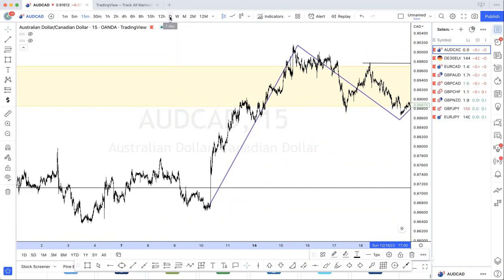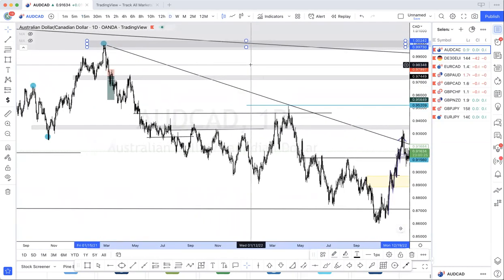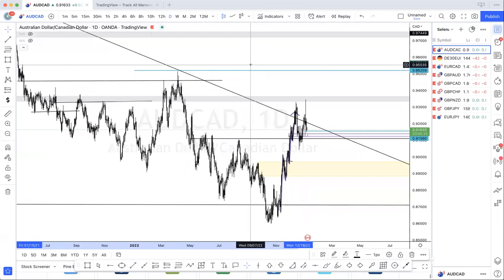I think what I get confused with sometimes is which wick or which low to pick. So remember, you don't have a swing high if you don't have a break of structure. For instance, this is on the daily.